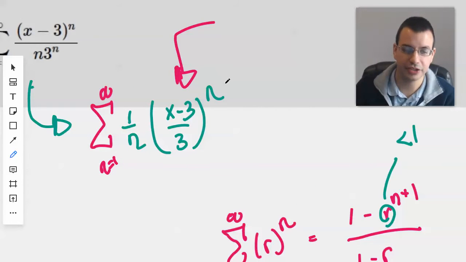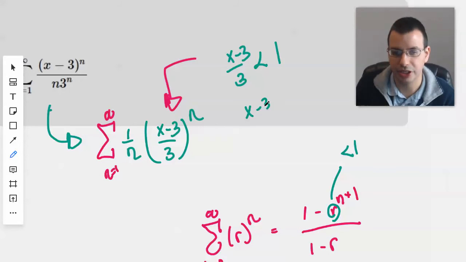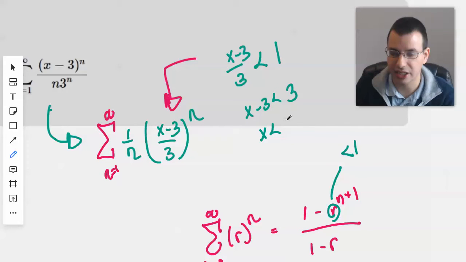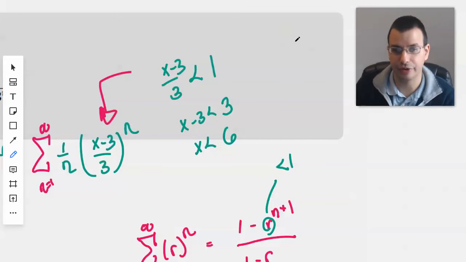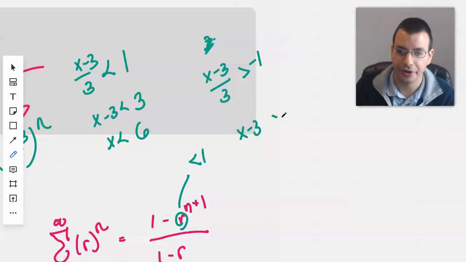So x minus 3 is less than 3, x is less than 6, but also it can be greater than negative 1. So (x minus 3) over 3 greater than negative 1, x minus 3 greater than negative 3, x is greater than 0.